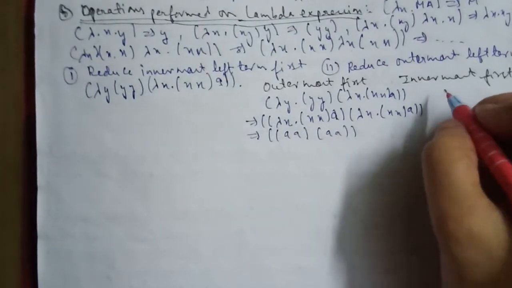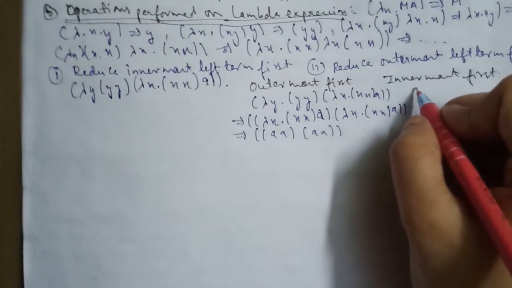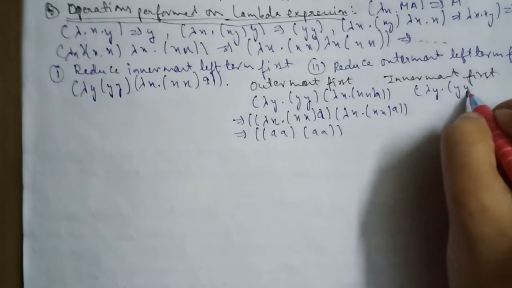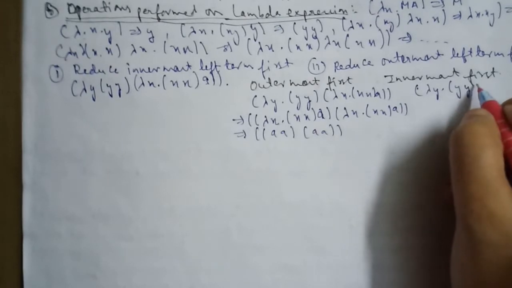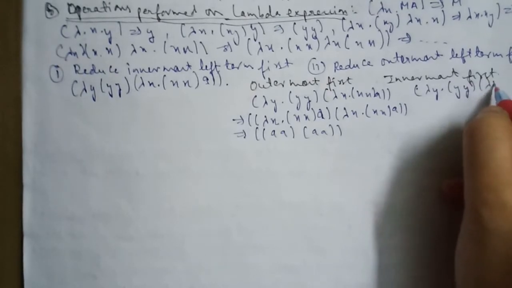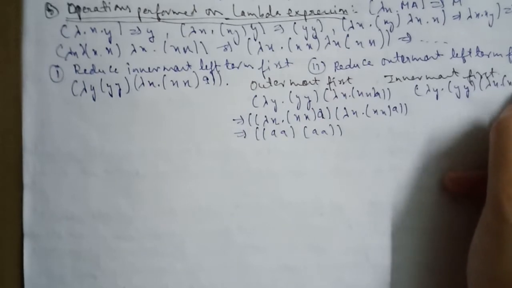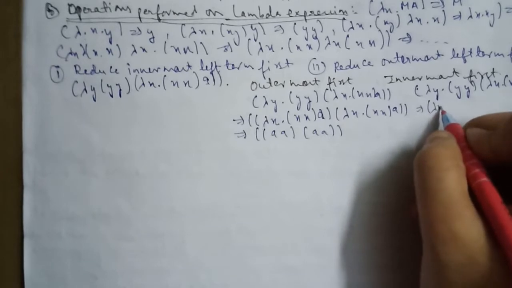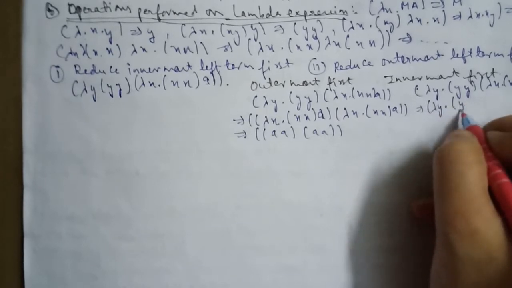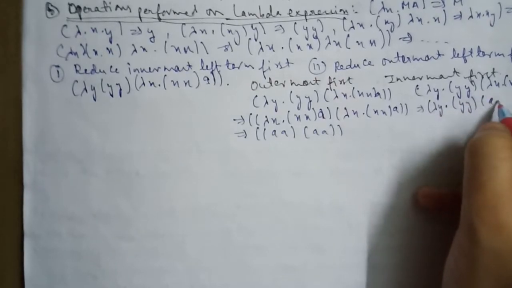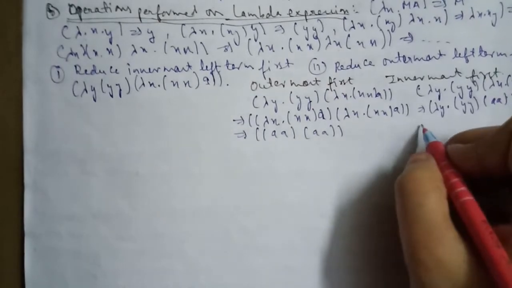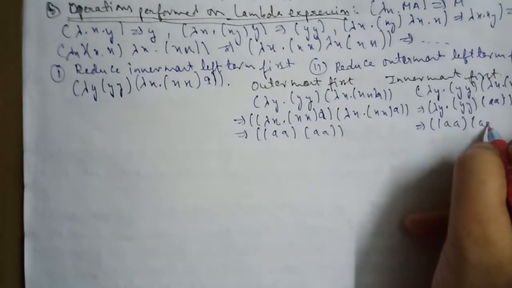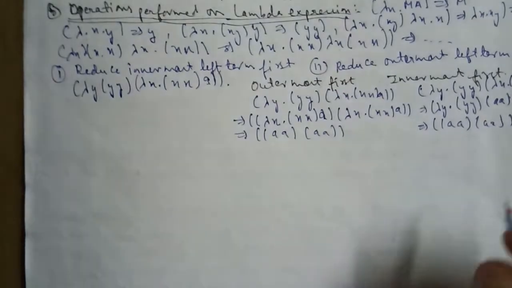For the innermost, the expression we have is lambda y dot y applied to lambda x dot x x a, and after that we have lambda y dot y a, that is expression close, and then we have a, and that is closing here as well.